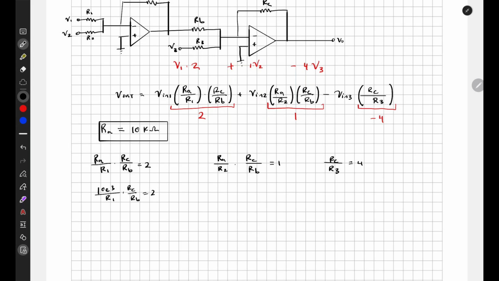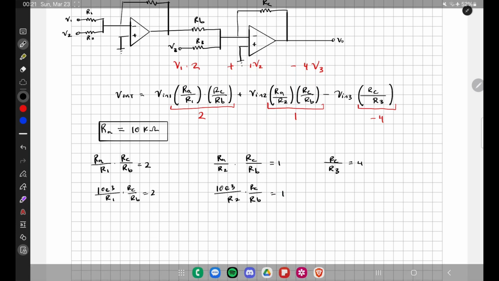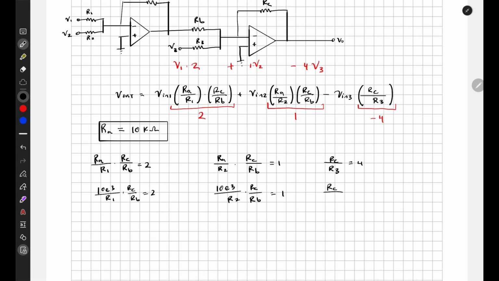Next, for the second term, RA is also 10E3, so 10E3 divided by R2 times RC over RB is equal to 1. And finally, RC over R3 equals 4.